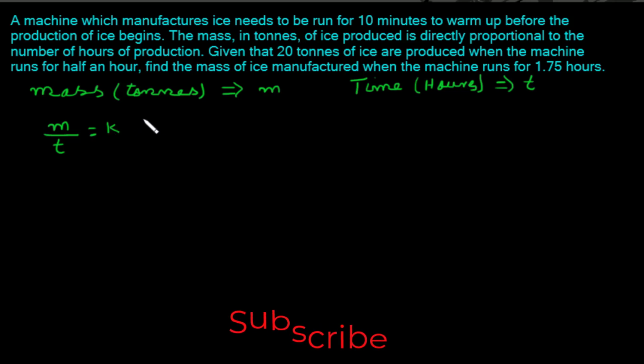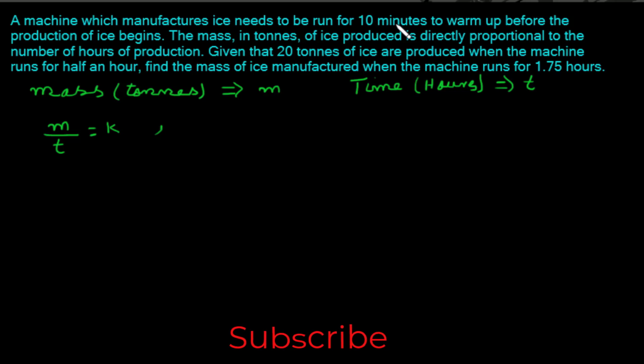Now we will use the given information to find the value of k. It has been given that the machine produces 20 tons of ice when it runs for half an hour. However, only 20 minutes are spent on actual production, since the first 10 minutes are used for warming up.